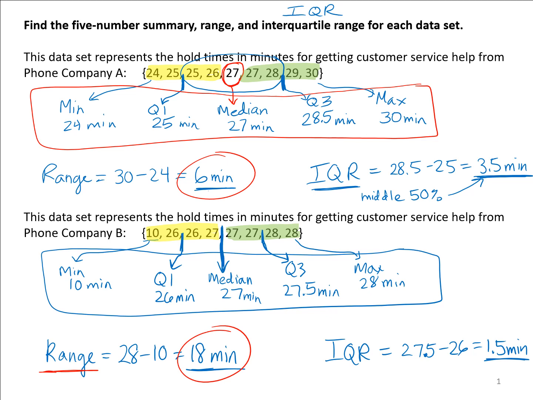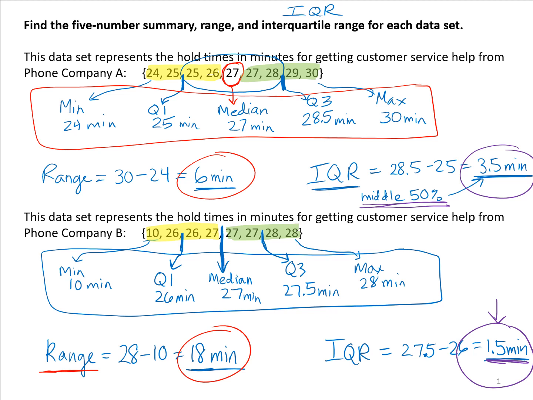However, when we look at the IQR, we see something else. In the IQR, we see for phone company A that we have a wider width of times, or wider range of times, in the middle 50% of the data values, 3.5 minutes, compared to phone company B, where there's relatively little difference within the middle 50% of the data.